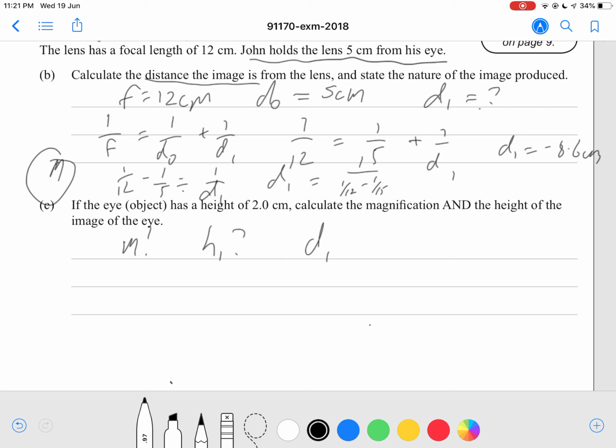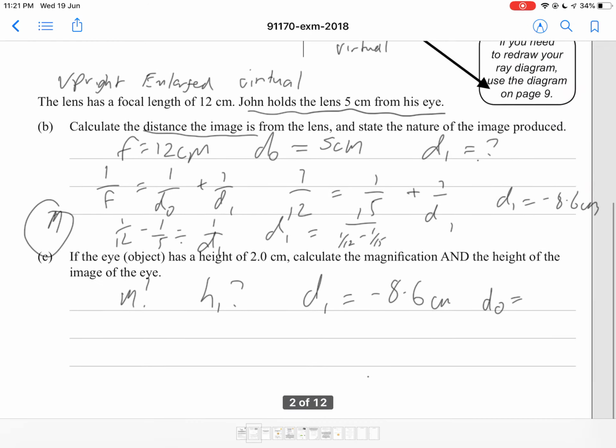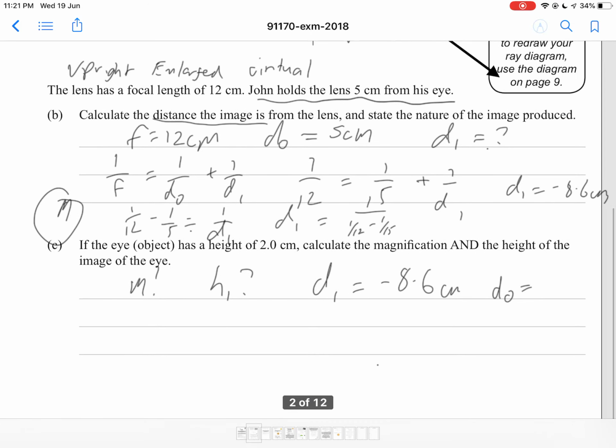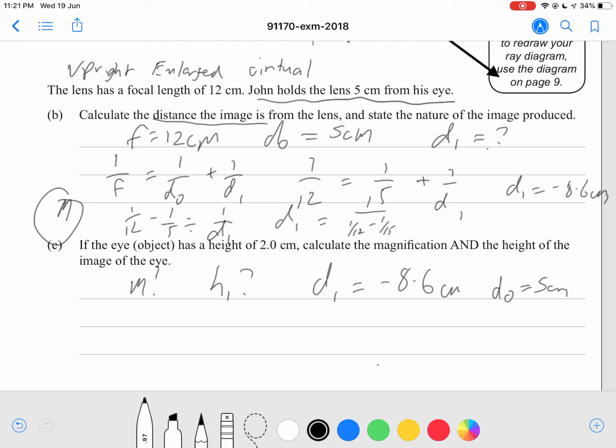We have our di equals negative 8.6 centimeters, our do equals 5 centimeters, and the focal length equals 12 centimeters.